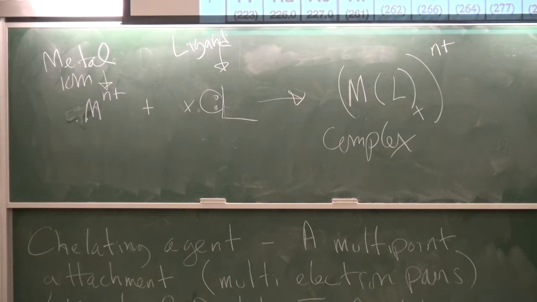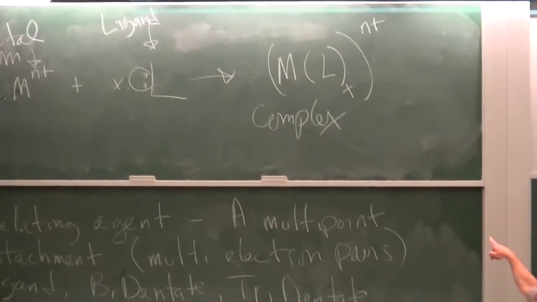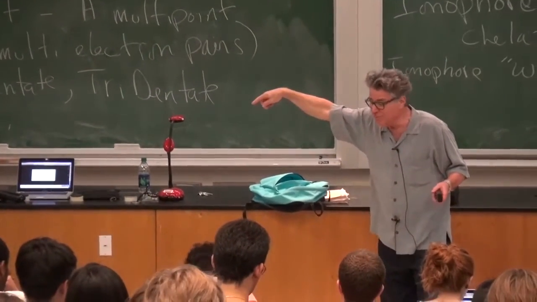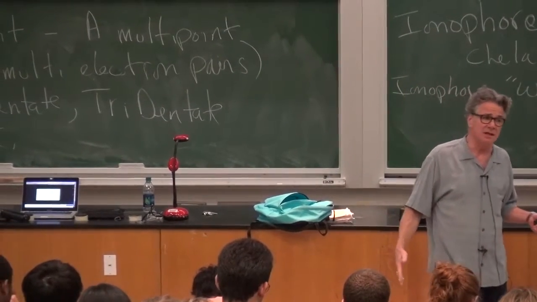You form this thing with the unfortunate name complex. And it was called that because, as we pointed out on Wednesday, X is the maximum value. It could have smaller numbers of ligand depending on the ligand concentration.